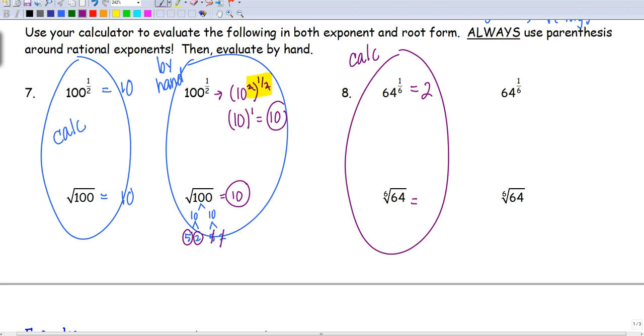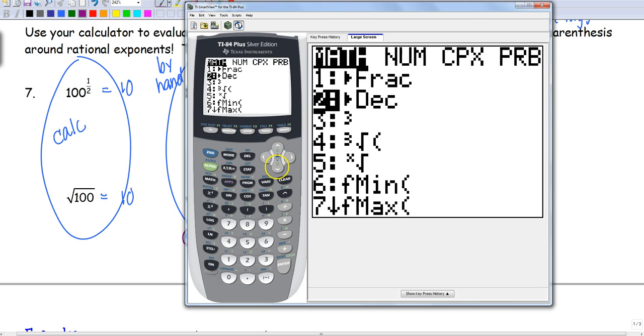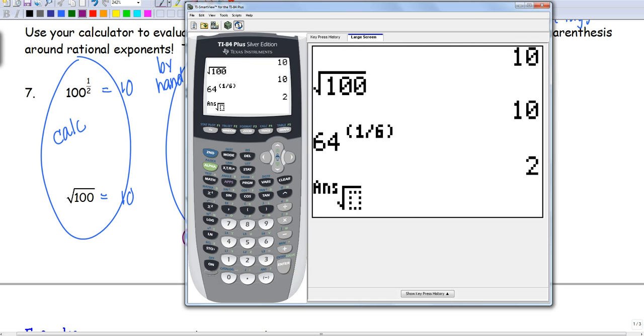To get a 6th root, what we're going to do is we'll go to math, and you can go down to option 5, and that little X there allows you to pick any number you want inside of your root. You do have to be careful because it pulled up answer as my index. So you've got to be careful about that. You can just fix it to anything you want, and then we're doing 6th root of 64.